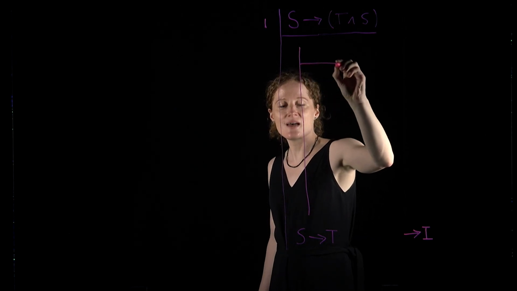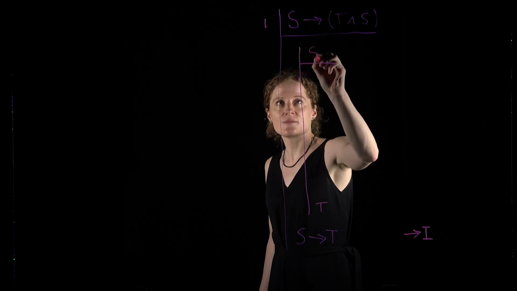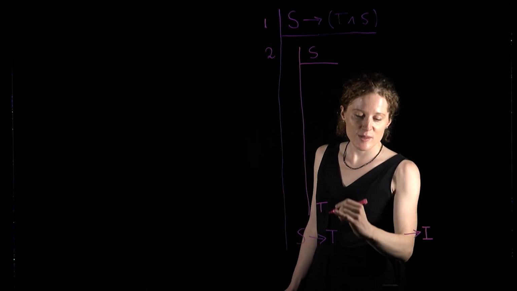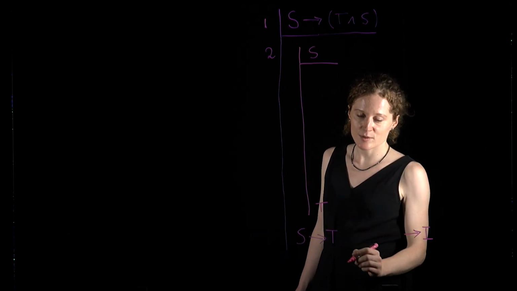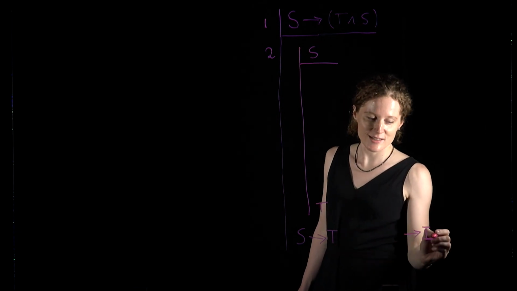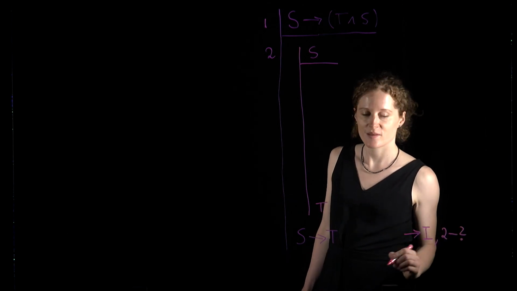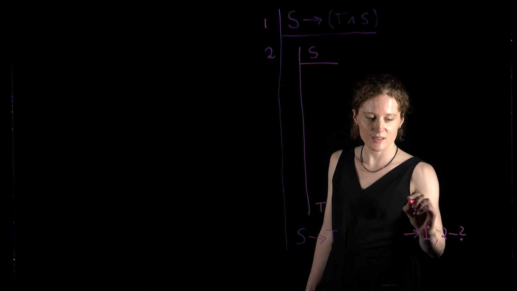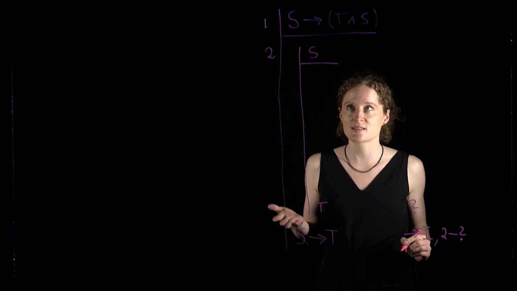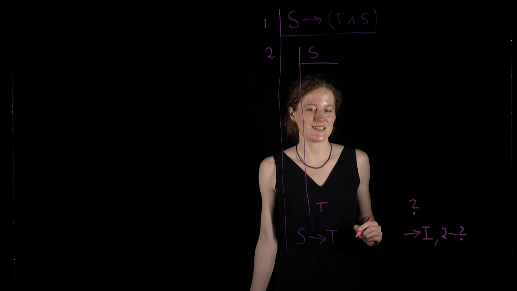Let's suppose I am able to prove that T from the assumption that S. If I'm able to do this, then I will be able to infer if S then T, citing the rule conditional introduction and my subproof from 2 to question mark. I'm also going to put a question mark here to remind myself that I have not yet actually proven T. This is just on my wish list. I want to prove T, but I have not yet established that T.